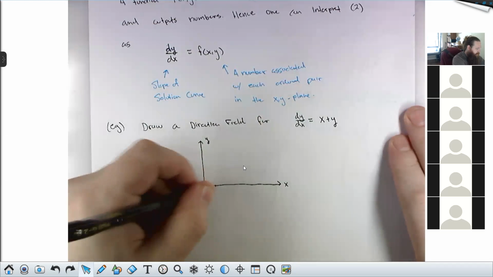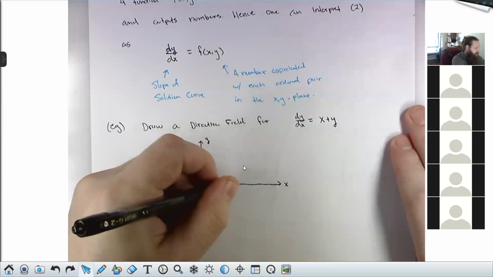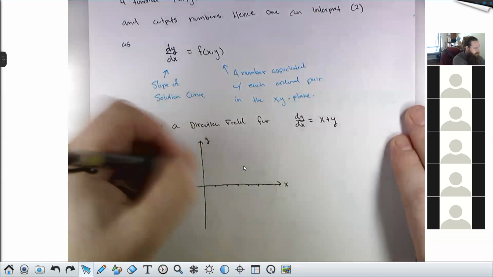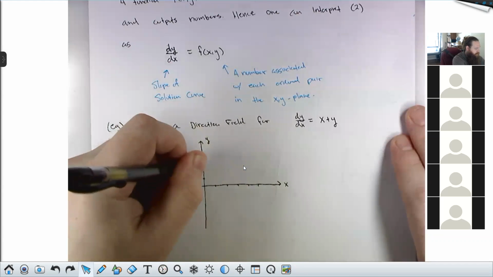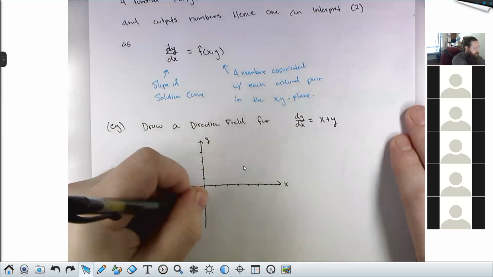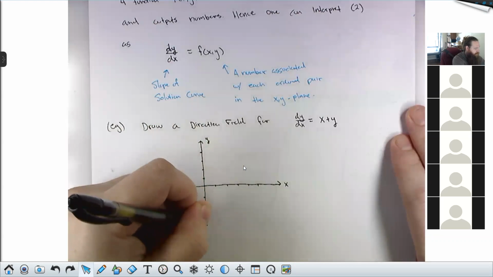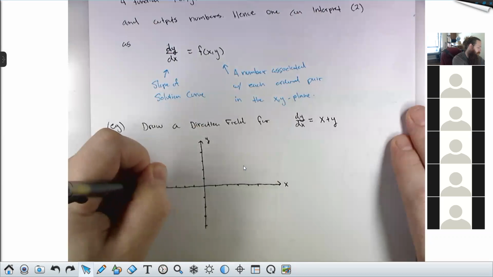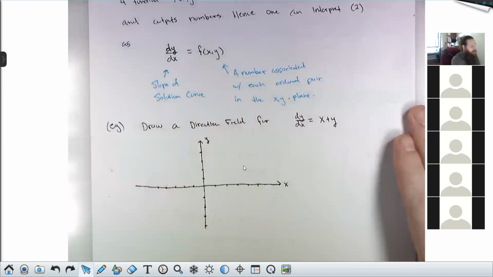So each tick mark here is going to be 1. So that's 1, 2, 3, 4, 5. 1, 2, 3, 4. Something like this.